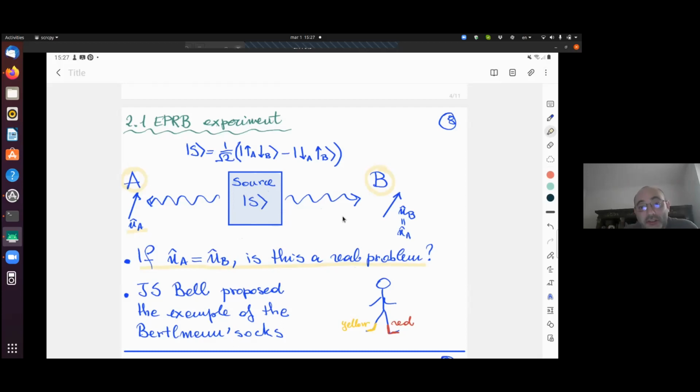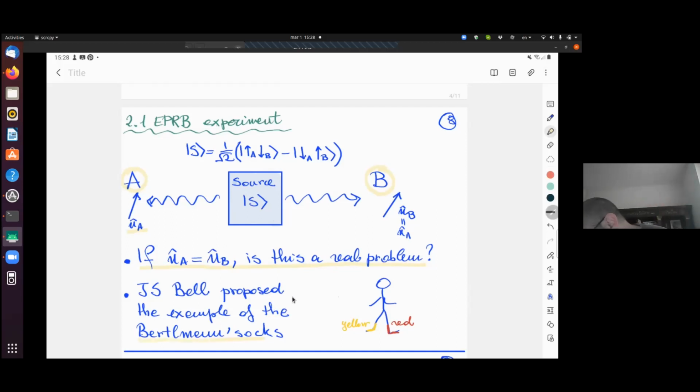So there is essentially nothing quantum in such kind of correlation. You can just think that the source prepares a classical system, and the correlations that you observe are basically trivial classical conditional probabilities.